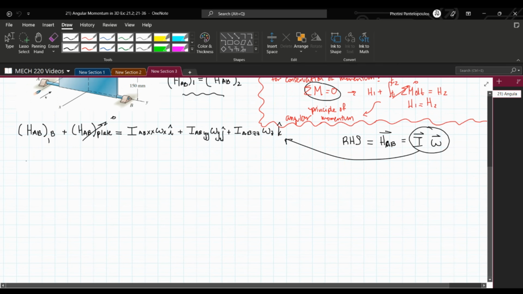So let's unpack the motion of the bullet first. Initially, the bullet only has translational angular momentum, and that is expressed by this here.